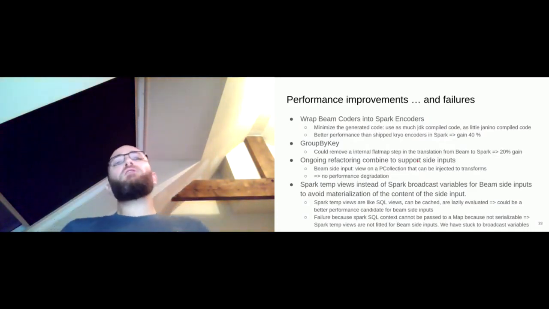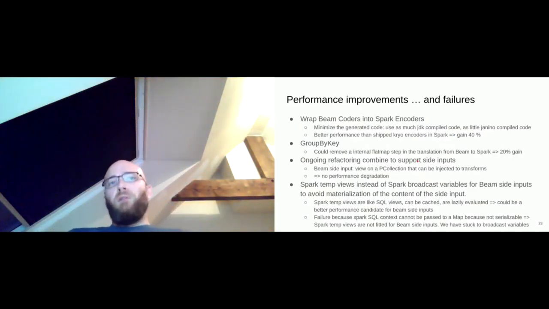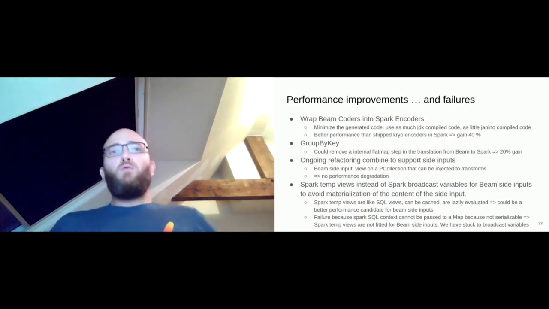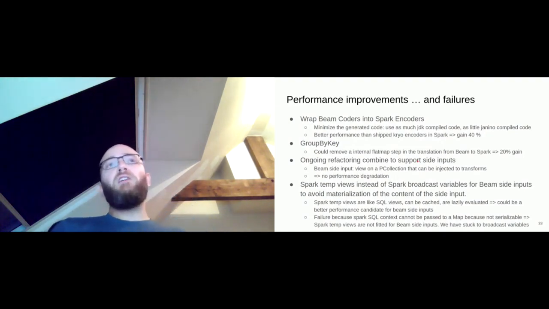First, the improvements brought by the Beam coders. Previously, before being compatible with Beam coders, we used Kryo encoders, which are generic Spark encoders, to serialize data. We replaced them with the things I presented, and it gained 40% in execution time.